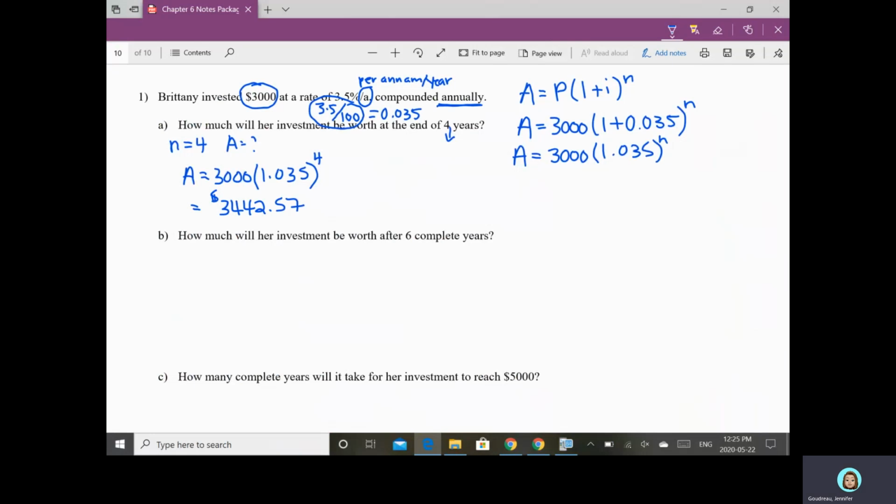Let's look at part B. How much will her investment be worth after 6 complete years? Okay, we're just given a different value of n. We're going to approach it the same way. We are just going to substitute in 6 for n. So 1.035 to the power of 6.